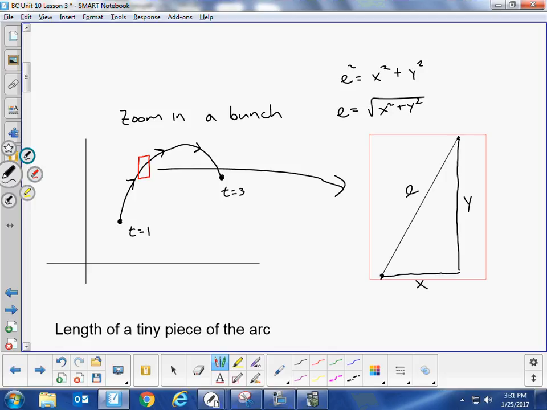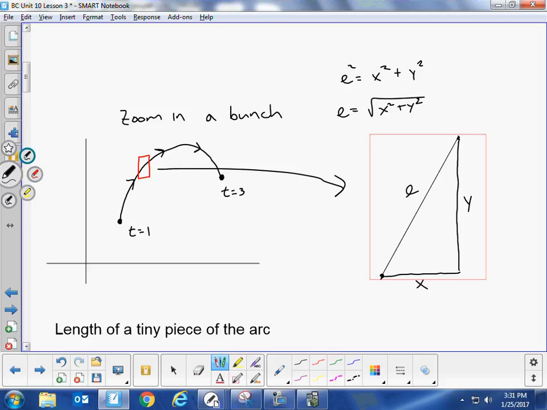Well, x and y could be a little bit better explained, because we are zoomed in a whole lot on this segment. So what would be this x distance? Really, really what? Small.